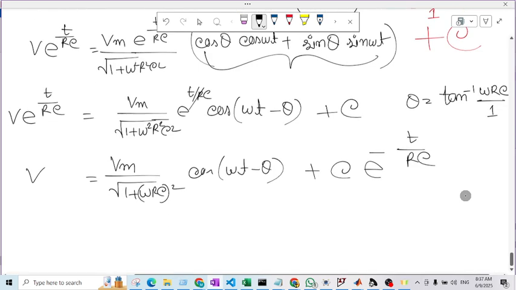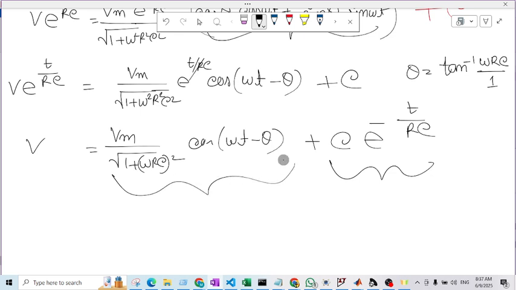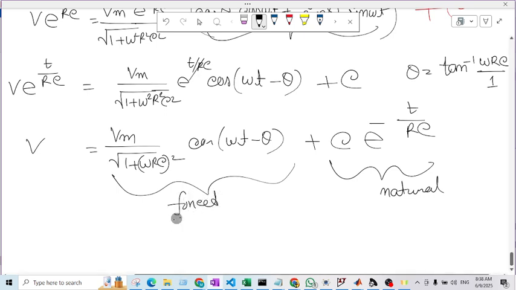As we are EE students, we know that our equation can be divided into two parts, right? We can split our solution into two parts. So this is the natural response and this is the forced response.